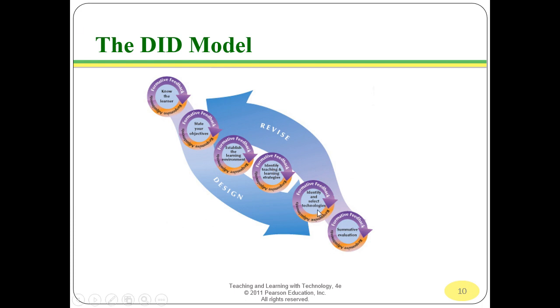Then we find and select some technologies to help us implement that. Whether we have videos, whether we have computer software, whether we have any kind of technological piece of equipment that's at our disposal, we utilize it. Then we look at and evaluate the lesson.